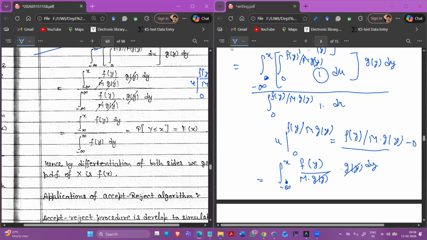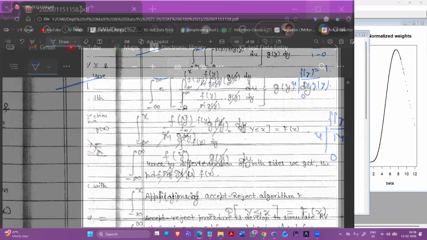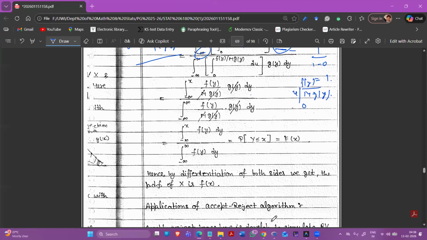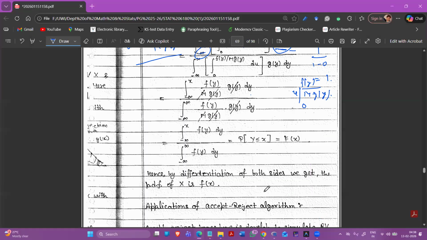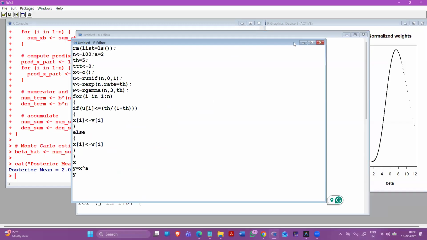So that's how you get the density function of fX. In that one, what we do, if you just see here, basically in R programming, yes, I'm going to use this R programming to generate the random numbers.